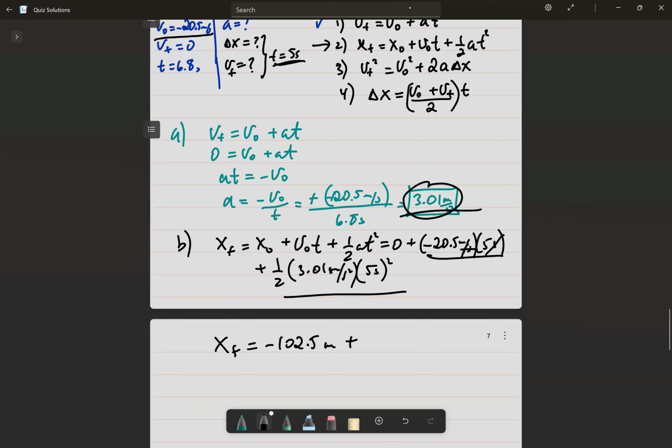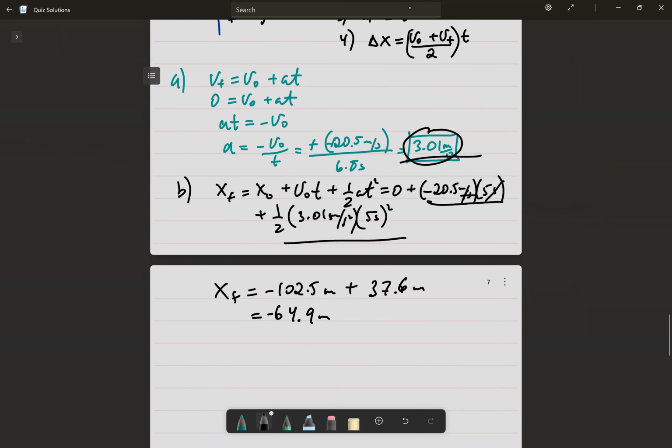Then plus, calculating the second term, 37.6 meters. All right, so we calculate this and we get negative 64.9 meters.